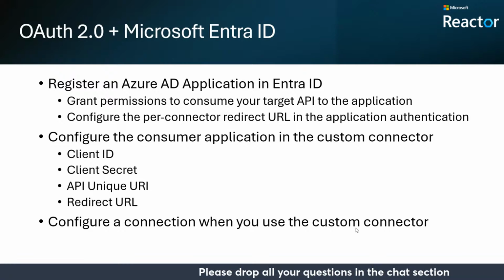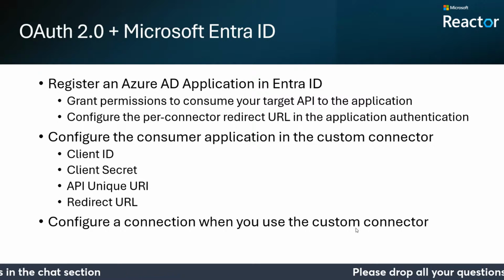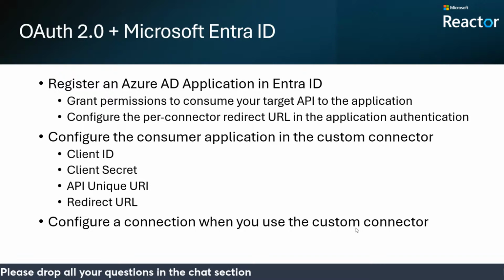These are the two things. Once you have created the Azure AD application, you need to collect the details like client ID, client secret, API URI, and redirect URL from the Azure AD application, and then input them in your custom connector, and then you can publish it and start consuming it.